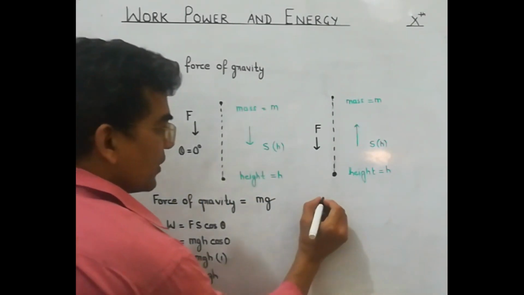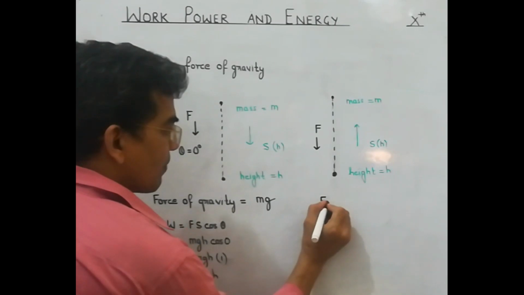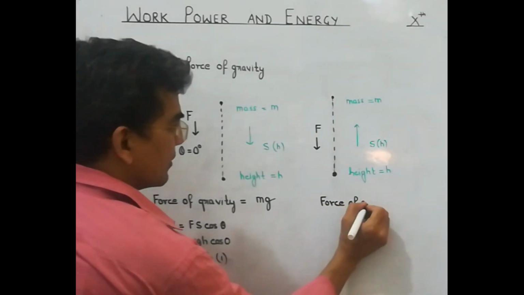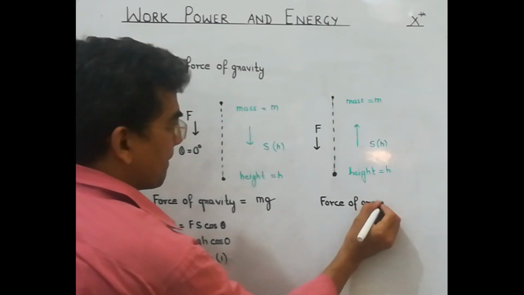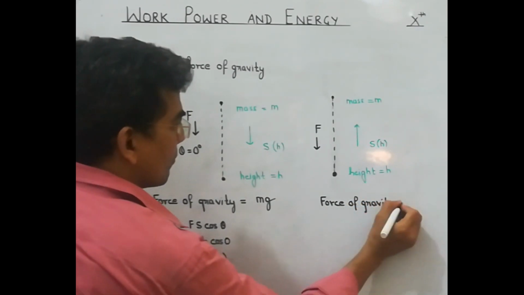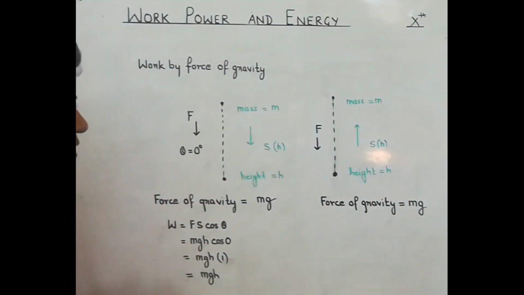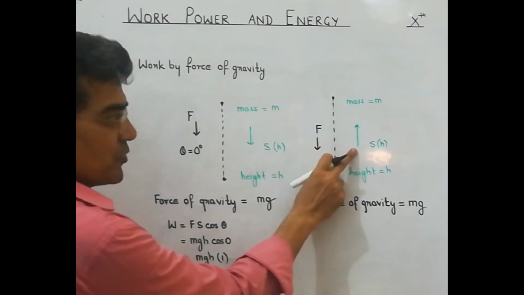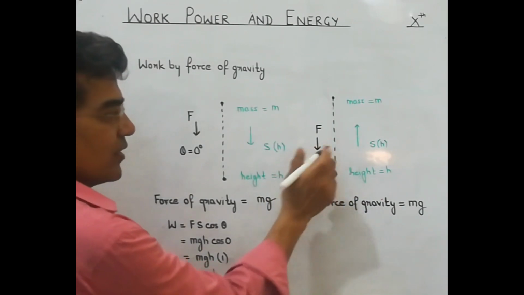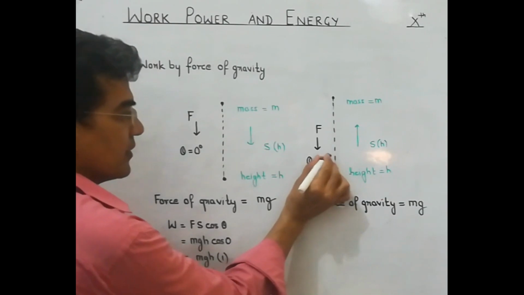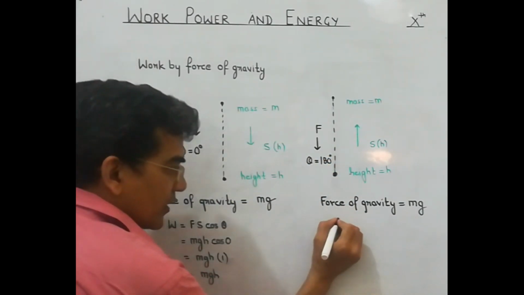Its magnitude will also remain the same, m into g. But in this case, if you see, force and displacement are in opposite directions, so theta will be 180. So let's calculate work done.